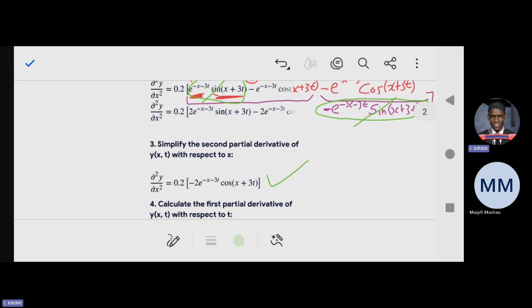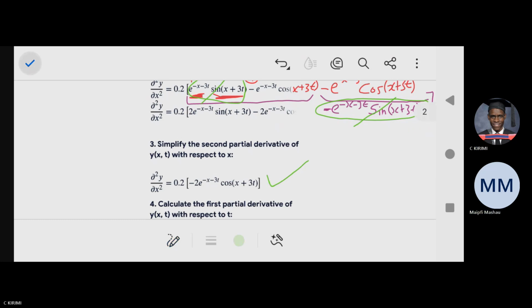And remember, our mission is to show that the second partial derivative of y with respect to time squared should be in this format, v squared times the second partial derivative of y with respect to x squared. So already we have found the partial derivative of the first one with respect to x.